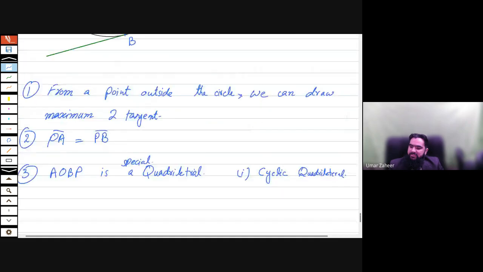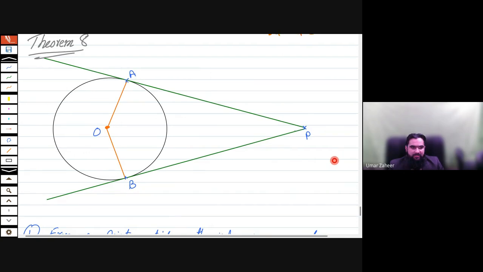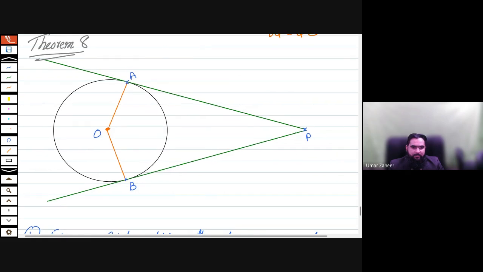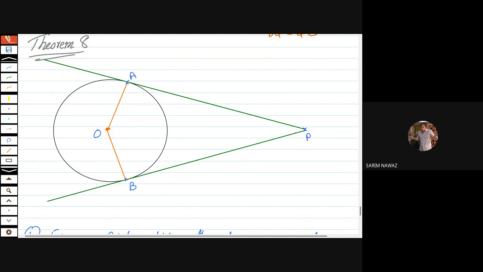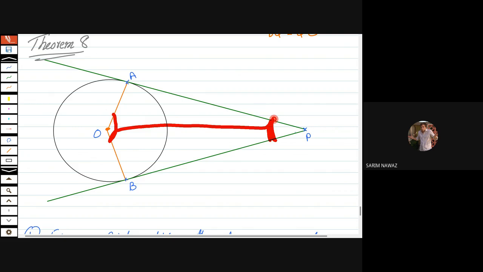What does cyclic mean? We have done this property just before. Cyclic means the sum of the opposite angles of a quadrilateral is always equal to 180 degrees.